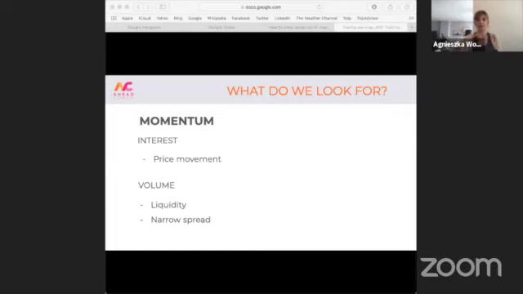And you can always find the parameters of the company and see what's the average volume traded. If you have more than average volume traded, that already indicates that there is more interest in that particular company.